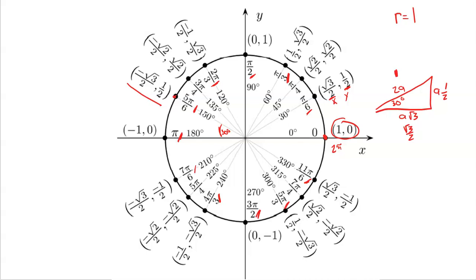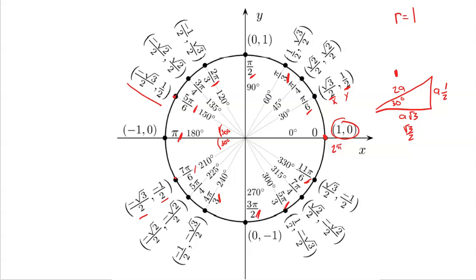And then I can even come straight down to 210 degrees. 210 degrees, once again, has that same reference angle of 30 degrees from the x-axis. So 210 degrees is really no different than 30 degrees. And look at the point. It's the exact same point. The x is radical 3 over 2, the y is 1/2. The only difference is they're both negative because we're in quadrant 3.